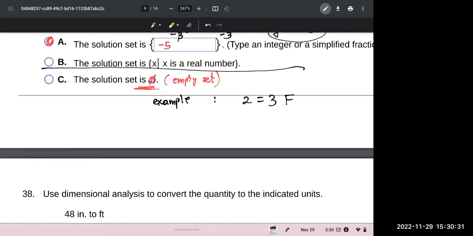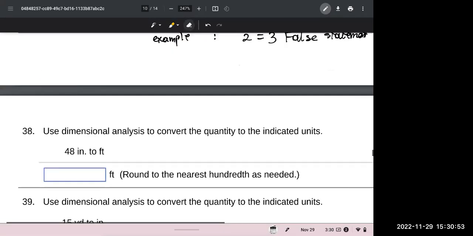When you end up with something that is a false statement, your variable will cancel, you end up with something that is false. 2 is equal 3. So that's going to be the empty set. This is not 0, this is empty set notation.